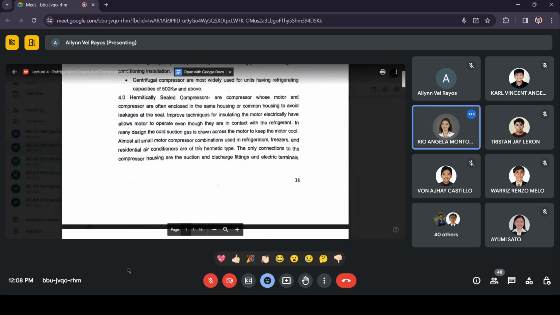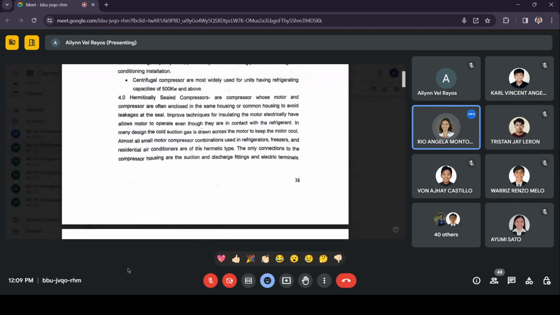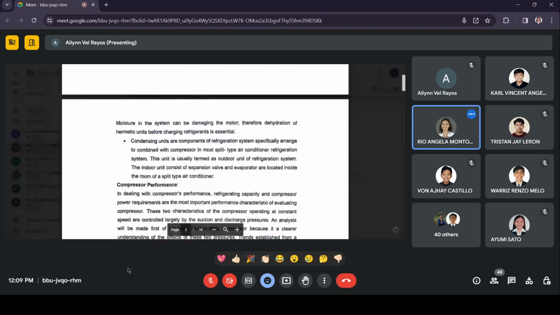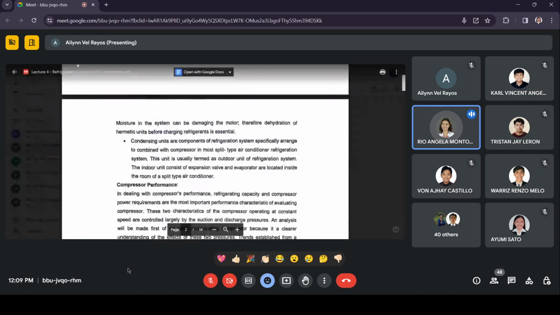Almost all small motor compressor combination used in refrigerators, freezers, and residential air conditioners are of the hermetic type. The only connections to the compressor housing are the suction and discharge fittings and electric terminals. Moisture in the system can damage the motor, therefore dehydration of hermetic units before charging refrigerants is essential.